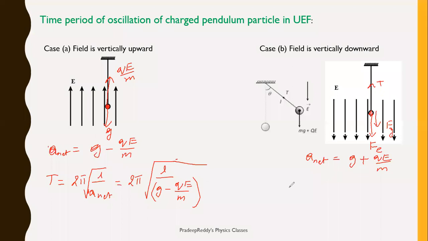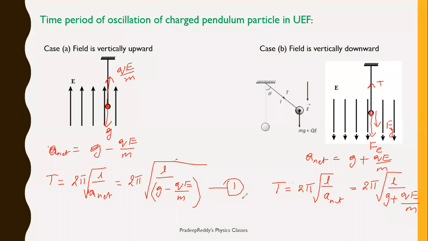Now I can rewrite this equation as T is equal to 2π under root L divided by a_net, which is equal to 2π under root L divided by (g plus qE divided by m), right? This is equation 1, where field is vertically upward, and this is equation 2, where field is vertically downward.